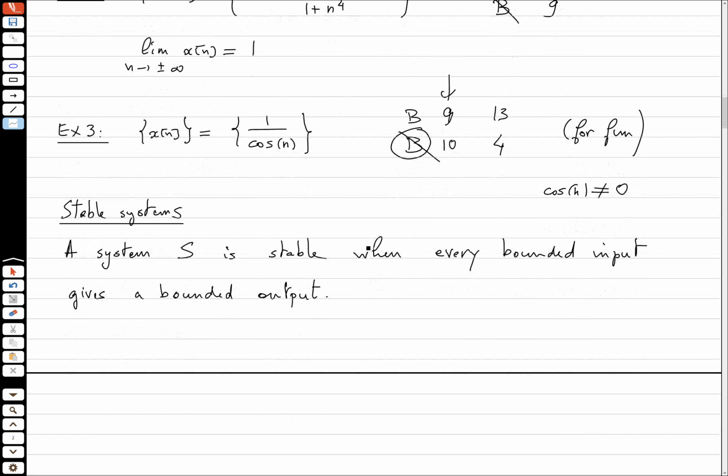Now, a typical confusion that I hear is this: I prove that something is stable by inputting something that is bounded, and then often I hear the question, Professor, but what happens if you input something not bounded?